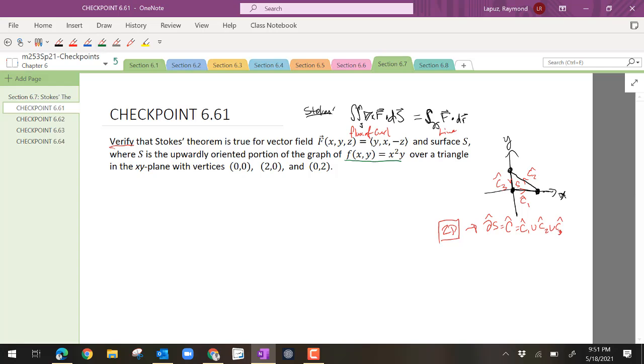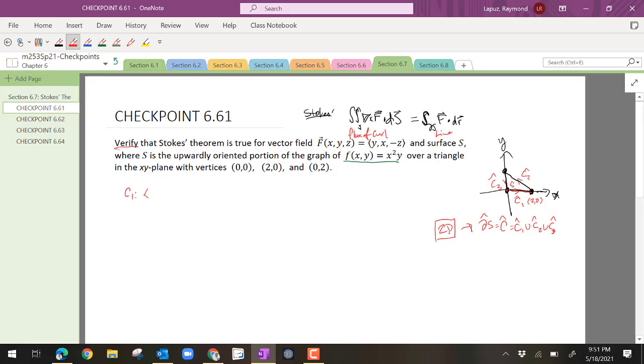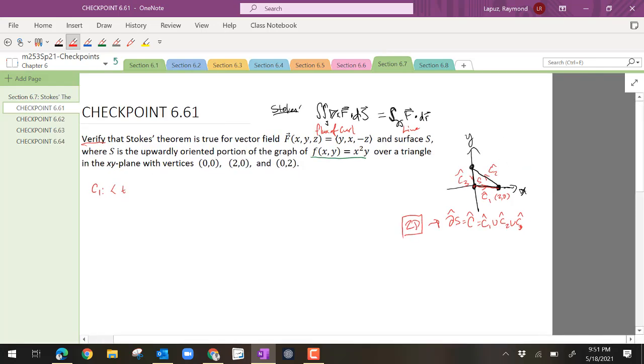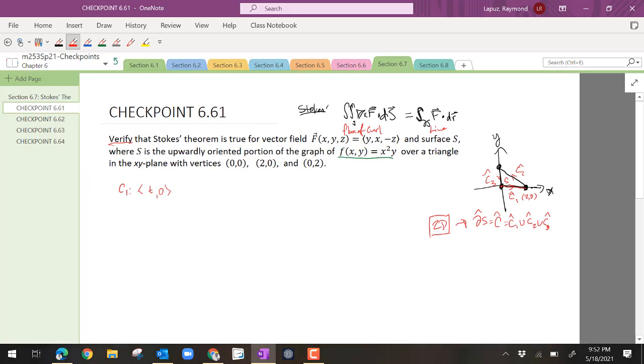Okay, let us figure out what C1 is. C1 is a line segment going from 0, 0 to 2, 0. And so there's no movement in the y component. And then we can put t in for x and let t go from 0 to 2. But I think it's better to actually scale it in the parameterization.